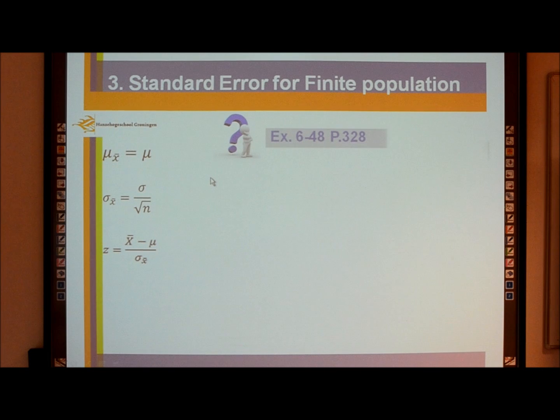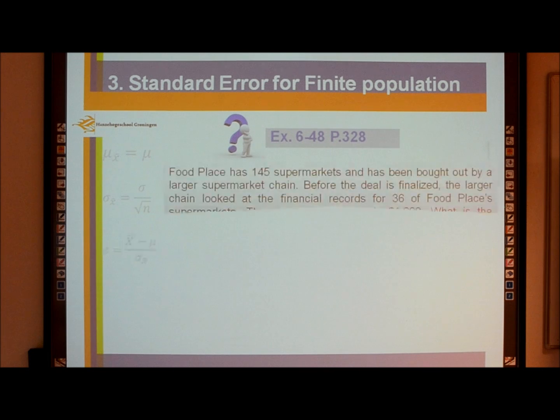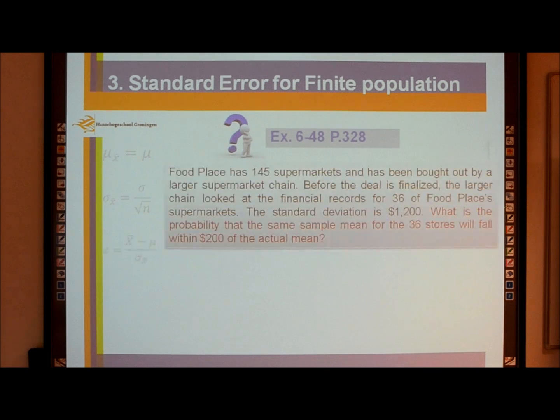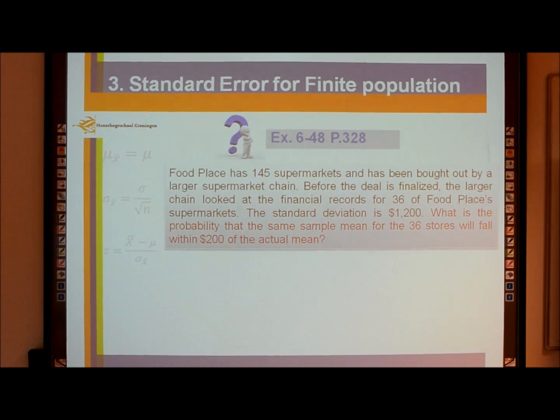Let's go on to look at one question. Food Place has 145 supermarkets and has been bought out by a larger supermarket chain. Before the deal is finalized, the larger chain looked at the financial records for 36 of Food Place's supermarkets. The standard deviation is $1,200.